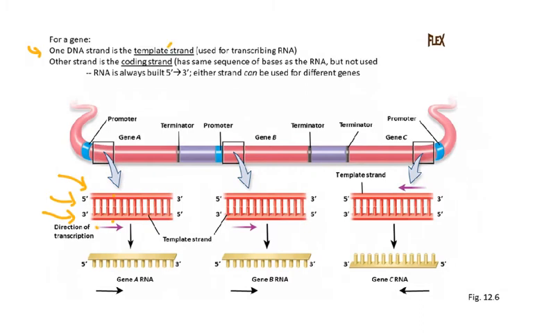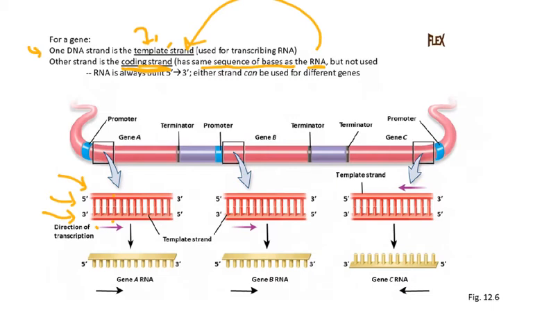And the other one technically is called a coding strand. That means that because it's complementary to the template strand, just like the RNA that we would be transcribing is going to be complementary to the template strand, and you'll be seeing that a little bit better as we move forward. The other strand is called the coding strand because it's actually going to have the same sequence of bases as the RNA that we're going to be transcribing from the template strand.